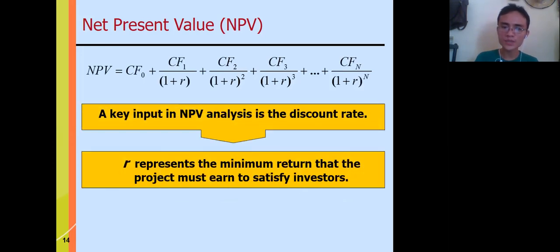The discount rate is very important because that's the minimum return that the project must earn to satisfy investors. Of course, we can also connect the relationship here of discounting: the higher the rate, the lesser the cash flows. So if we would like to have a higher net present value, then there should be lesser discount rates.